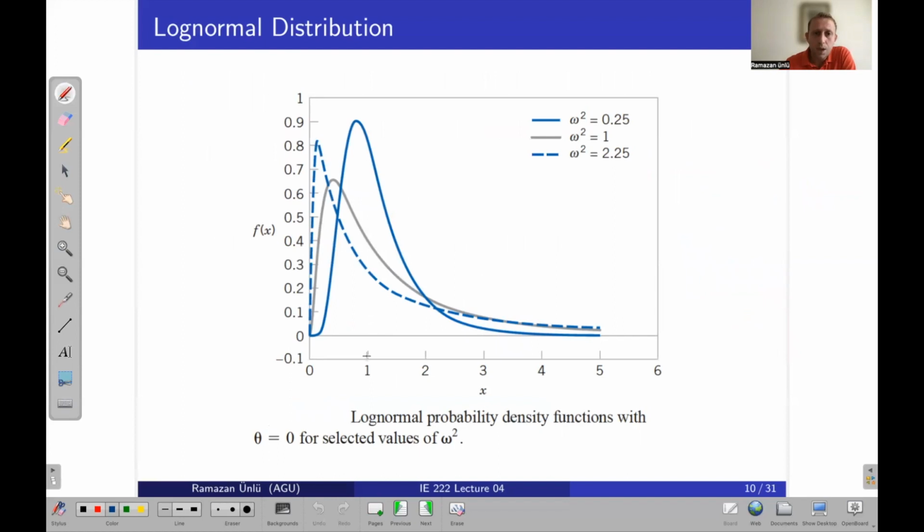So you can find different shapes based on different parameters. By the way, in here the theta represents the mu, and this v squared represents the sigma squared. This notation is used by your textbook, but we will prefer to use mu and sigma squared again. By changing the parameters, you will find different shapes.